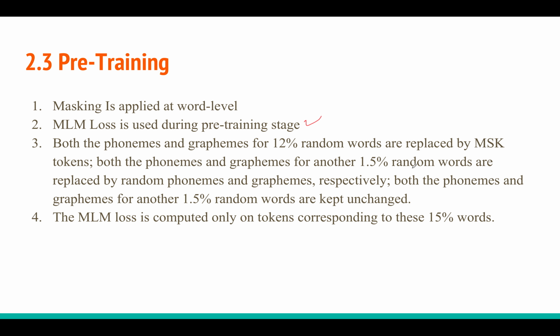And the remaining 1.5% are replaced by random words, and then another 1.5% of them are replaced by random graphemes, right? Sorry, and another 1.5% of random words are kept unchanged, with both graphemes and phonemes. Okay, right? And the MLM loss is computed only on the tokens which correspond to this 15% of the words, not on the full sentence.